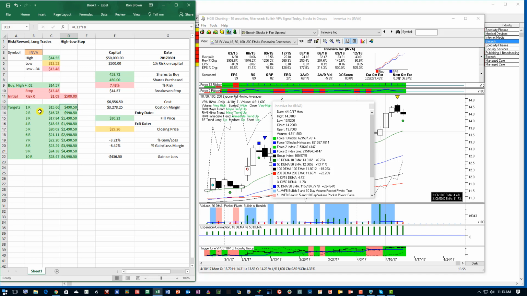Now, these down here are targets. If I get filled and it moves in my favor, my first target would be 15.66, and I would realize $490, or paper profits anyway. The 2R, or the 2 reward, it would have to get to 16.55 for $990 reward for the trade.